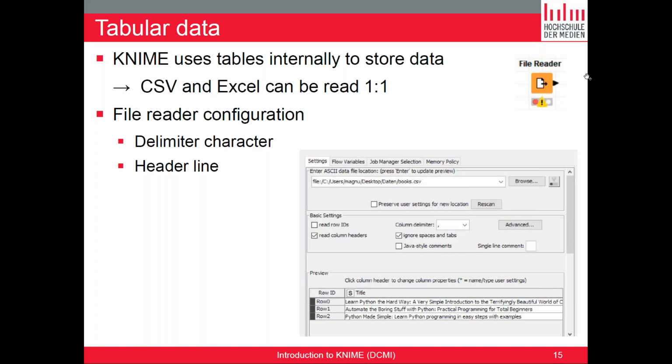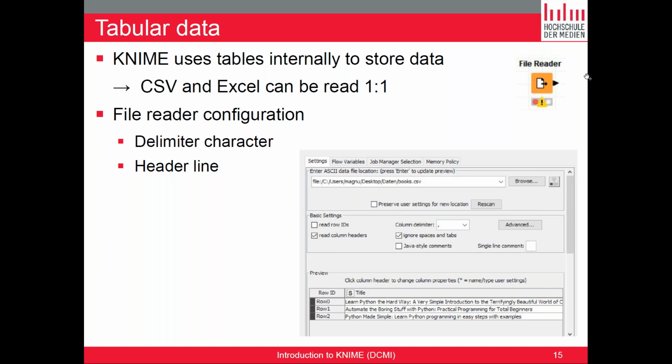And the good thing is CSV and Excel data can of course be read one-to-one into KNIME. So if your data is already available as a CSV or Excel file, it is basically drag and drop into KNIME to read the data.